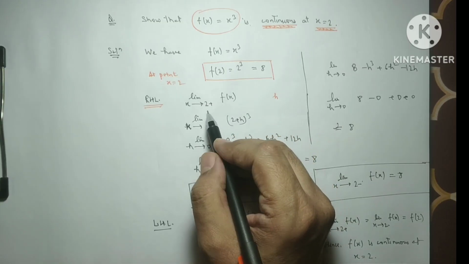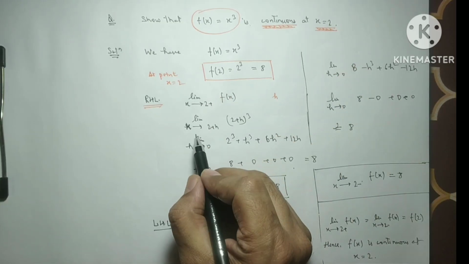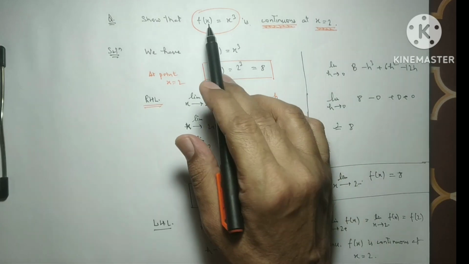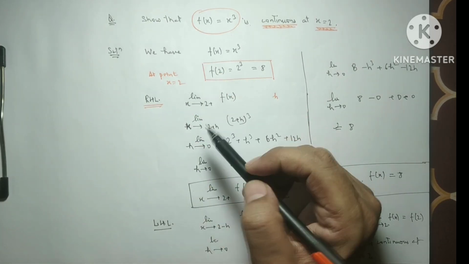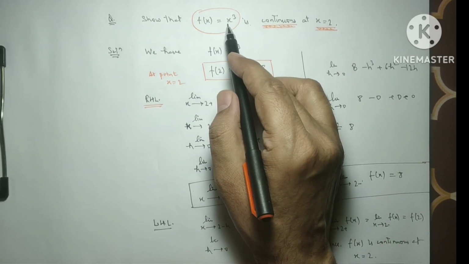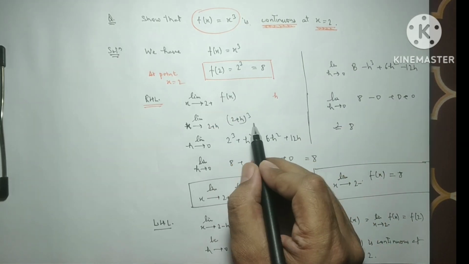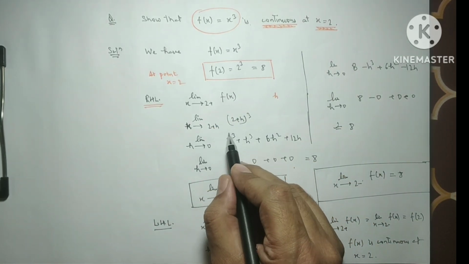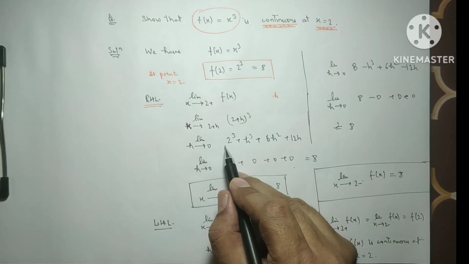So we are taking the right hand side, so x tends to 2 plus h, and in the function we place this 2 plus h, so on this side (2 plus h) cube. So as h tends to 0, we expand the formula of (2 plus h) whole cube.